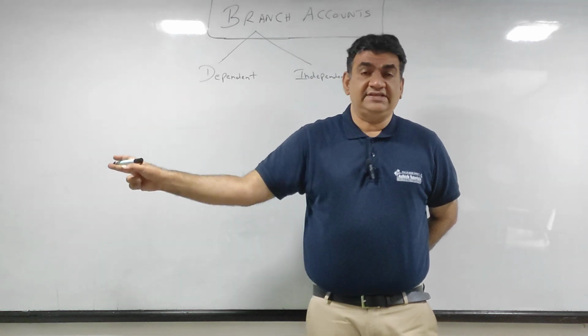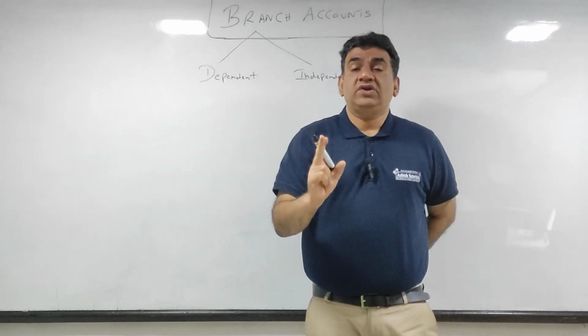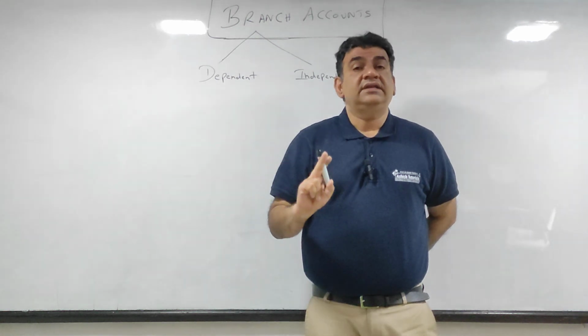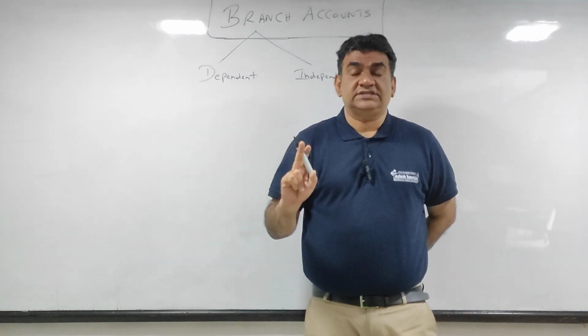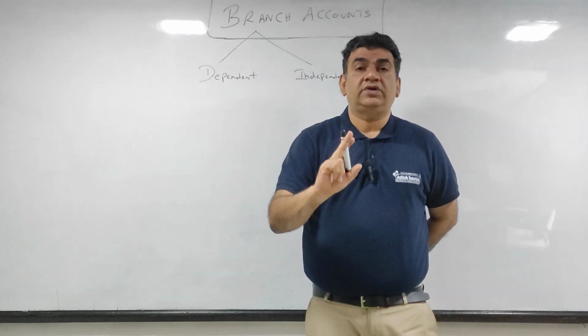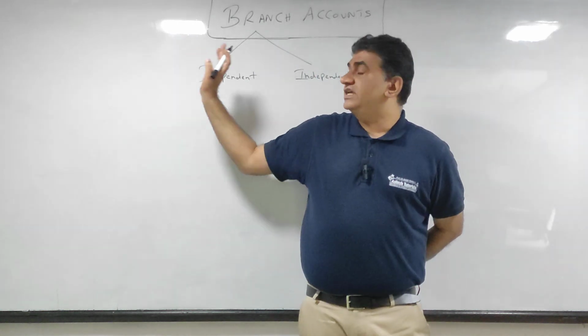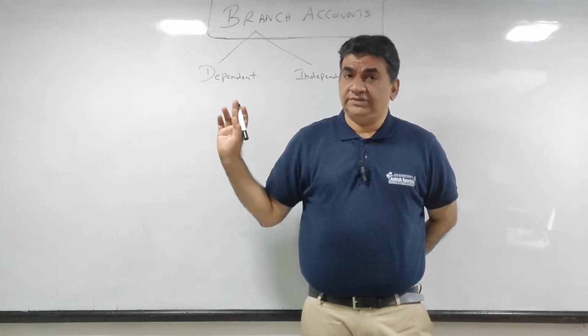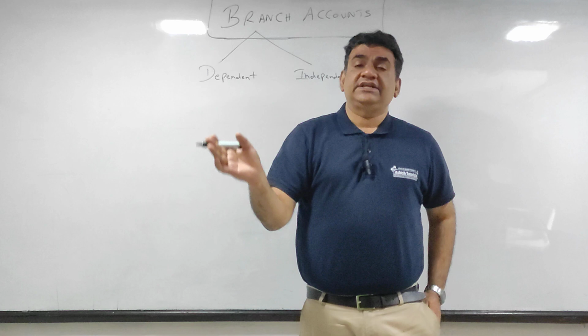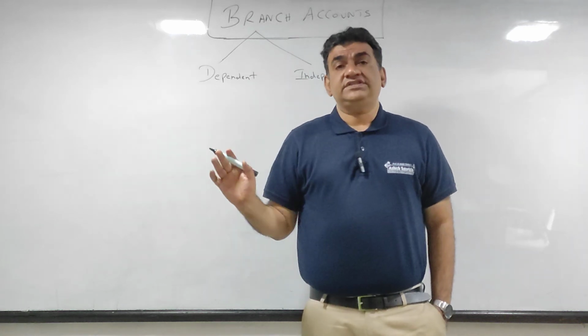Branch will do the activities, but they cannot do the activities unless and until it is approved by the head office. Head office जो ब्रांच को पूरा पूरा कंट्रोल करता है उसे कहते हैं डिपेंडेंट ब्रांच. So dependent branch is that branch which is dependent on the head office.